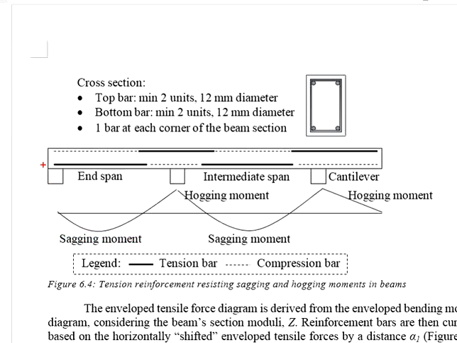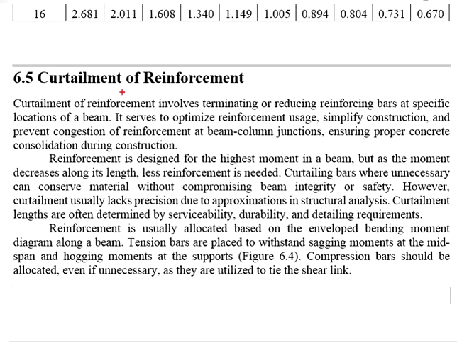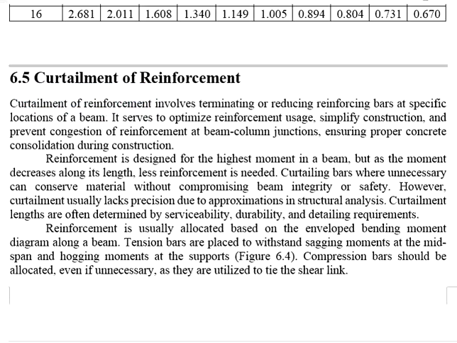But you know that there are areas which are not necessary. This gives you room to further optimize the usage of the reinforcement, and this is when the curtailment of reinforcement comes in. So this explains what curtailment is, which is a process for you to reduce the amount of reinforcement bar at the regions which are unnecessary.